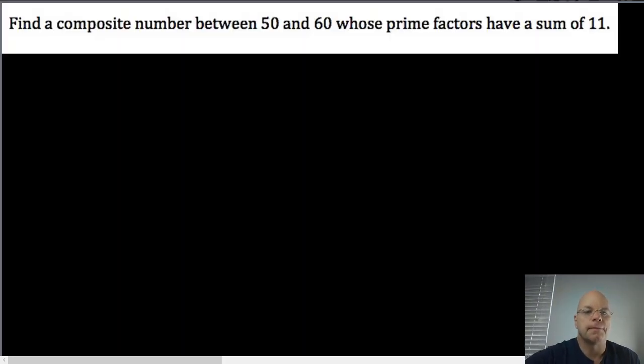Problem number 15. Find a composite number between 50 and 60 whose prime factors have a sum of 11. So, 50 is 2 25s, and 25 is 5 5s.